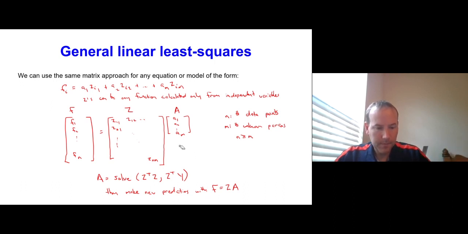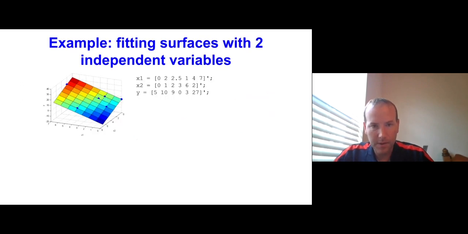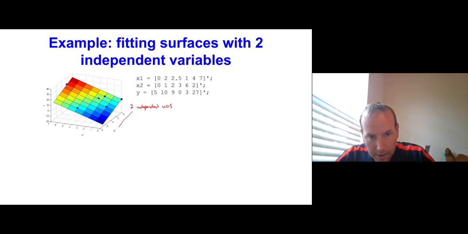Okay, so we've already solved one problem using that. Let's solve something a little bit different, something a little bit harder looking, which is a surface. The basic idea here is we've got two independent variables, x1 and x2.